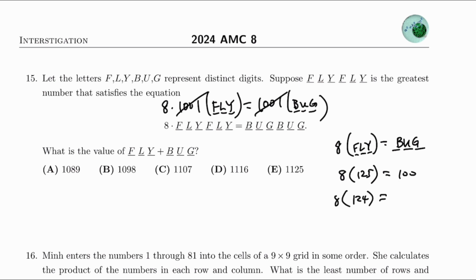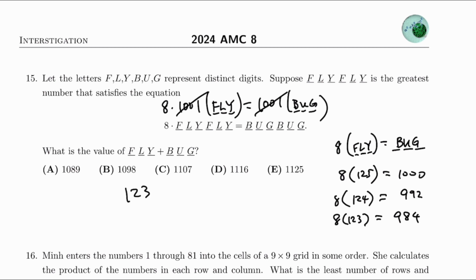8 times 124, that is going to be, 992. That doesn't work because we're told that they are distinct digits. 8 times 123 is 984, and 1, 2, 3, 4, 8, 9 are indeed distinct digits.